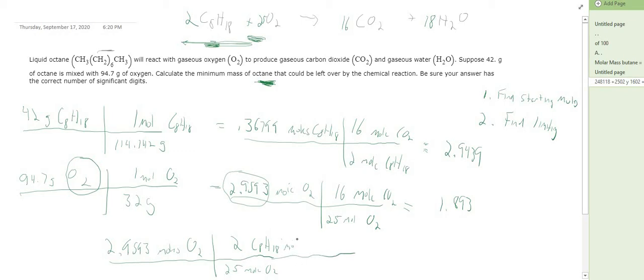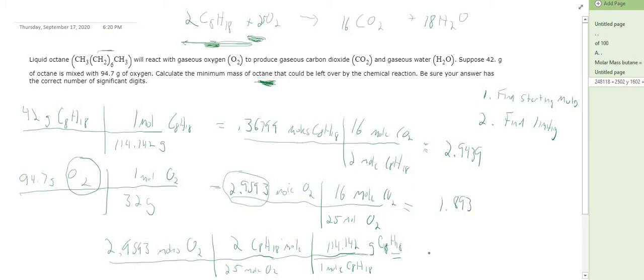I can take that one step further and calculate the number of grams that are going to be consumed, because I know that in 1 mole of octane, there are 114.142 grams. When I do that math, that's grams of octane, it's going to tell me how many grams of octane, C8H18, I have consumed.